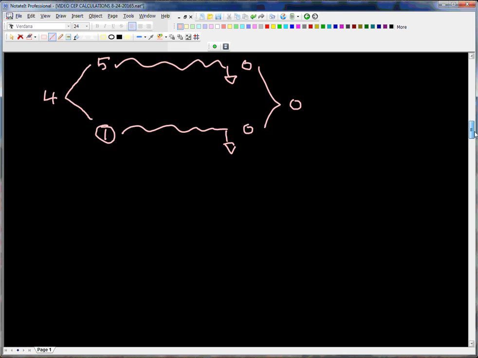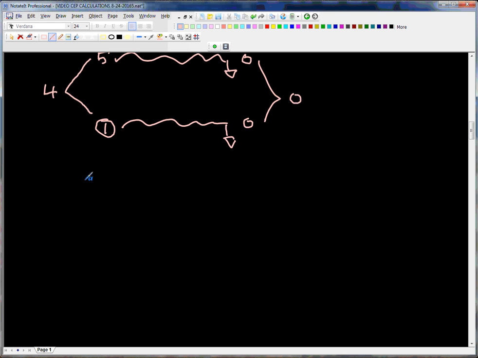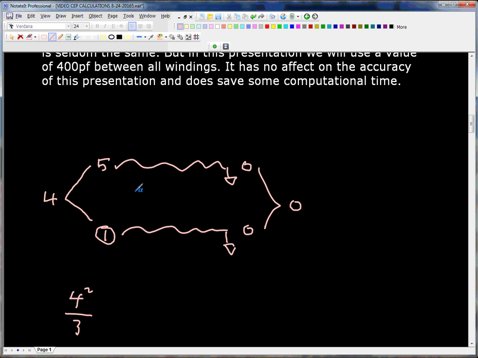Now, how do we find the capacitance? I'm just going to do it for you. Now we're going to talk about a static capacitance, CS, equals 400 picofarads.